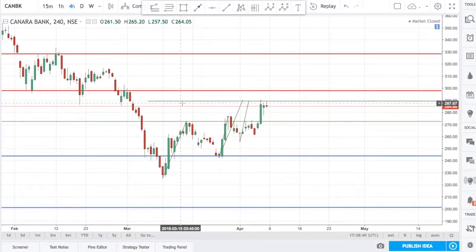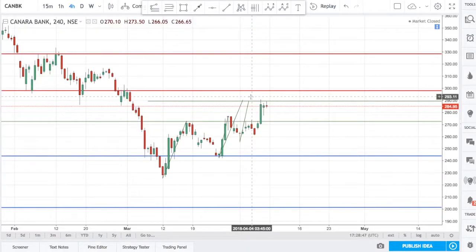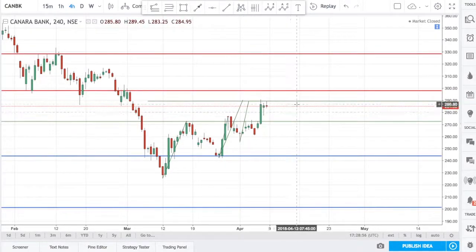So as you could see here, the D completion point of this ABCD is almost at the same point as that of the earlier D completion point on the other ABCD. Okay.